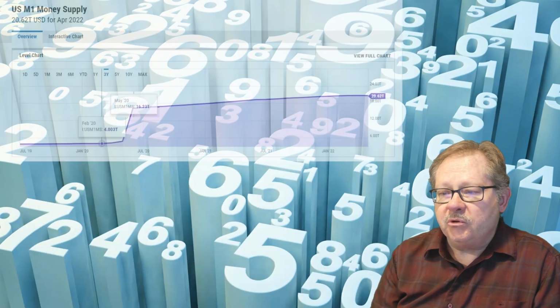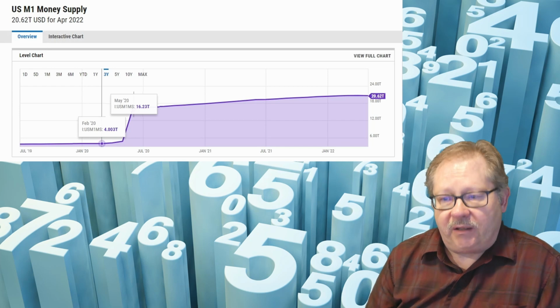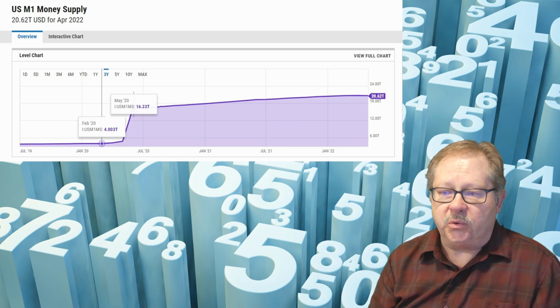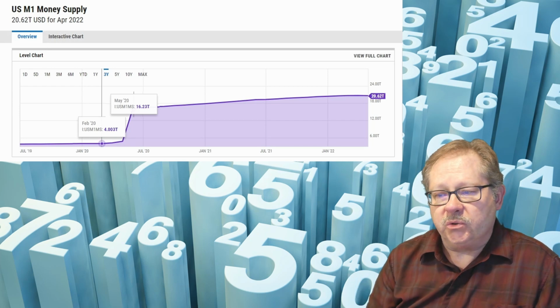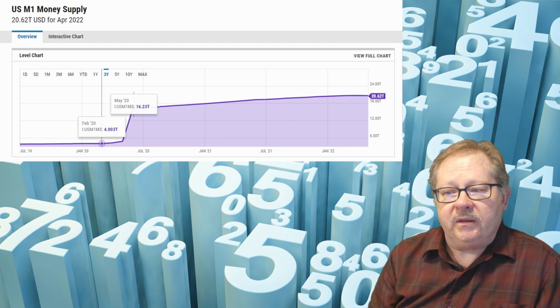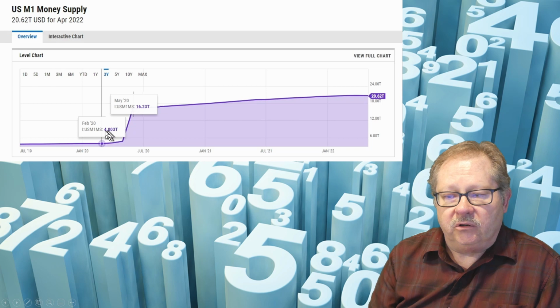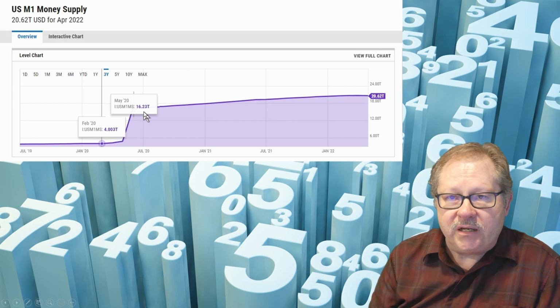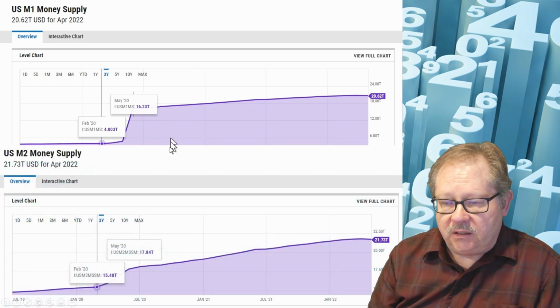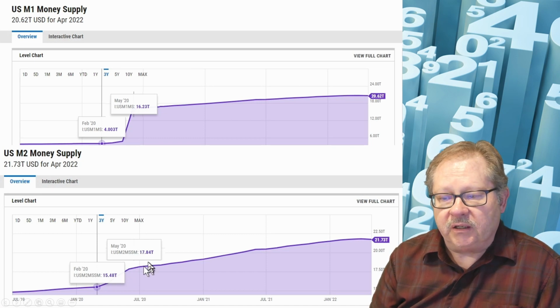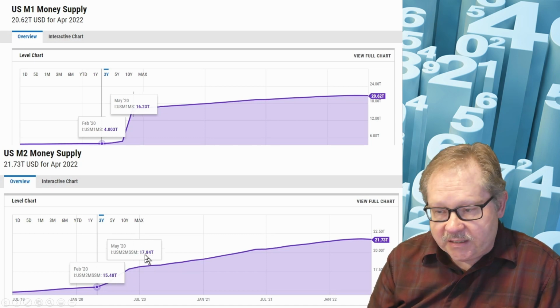So as we move on, what we want to do is examine that. Between February 2020 and May of 2020, the amounts I've posted here show 4 trillion up to 16 trillion there. And here I've marked the same times at 15 trillion up to almost 18 trillion.